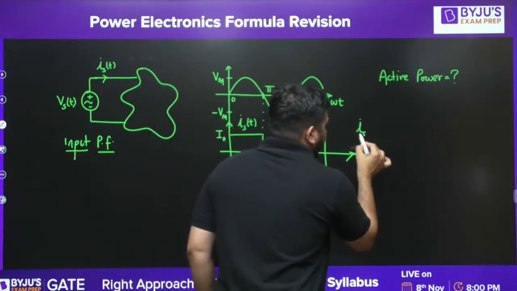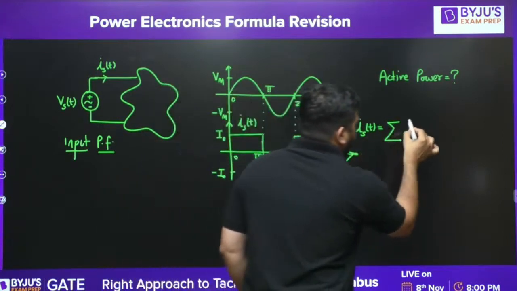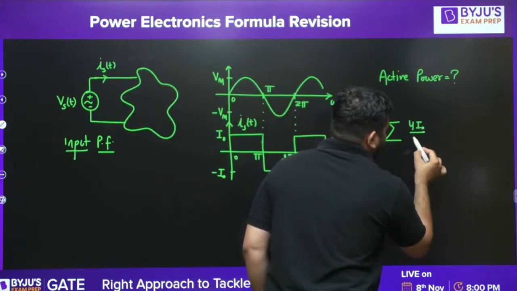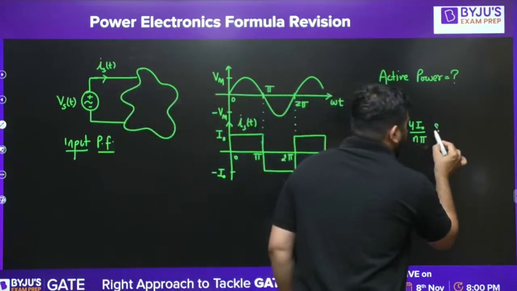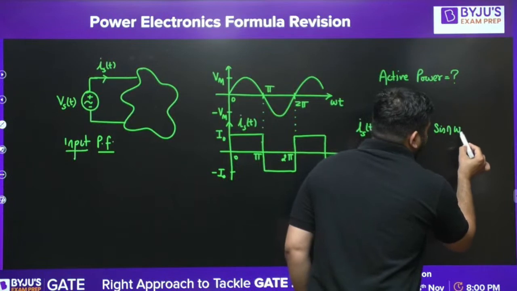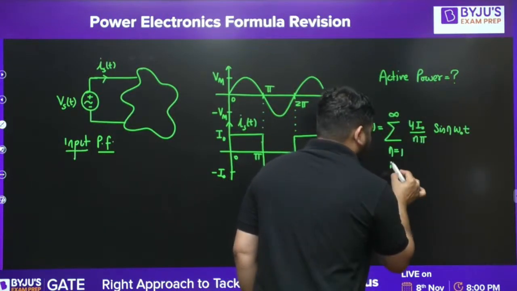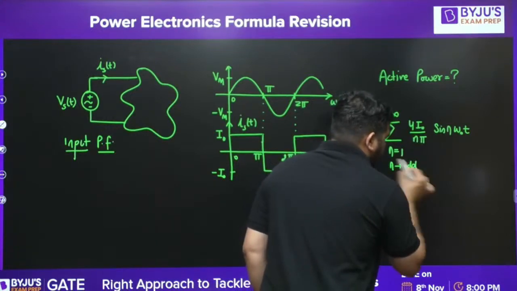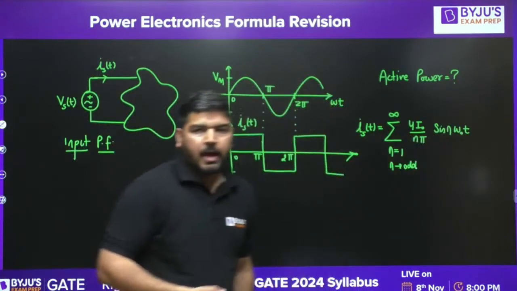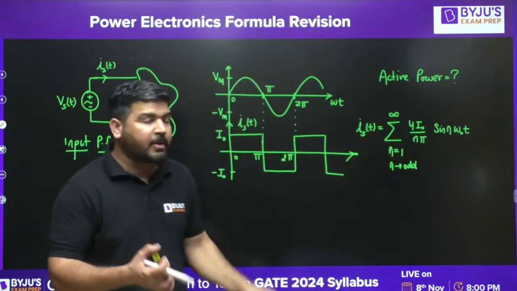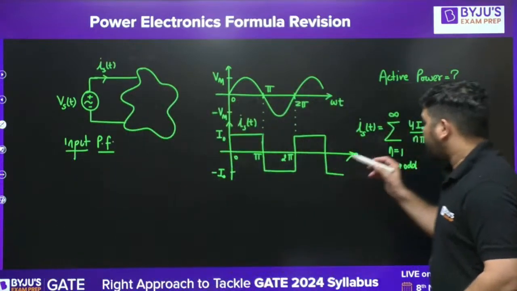It will be equal to the summation of 4I0 upon n pi sine of n omega naught t, n from 1 to infinity, n is odd. So it contains odd harmonic sine terms. You have to remember this square wave expression, because whenever you encounter a square wave, you will need it in many places.